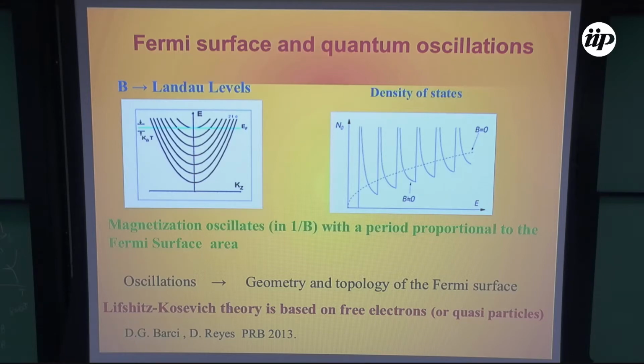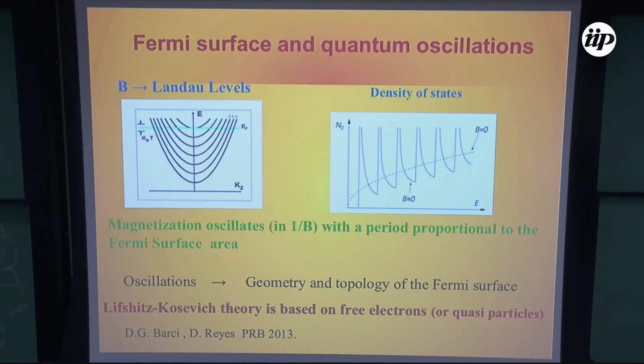But the point is that this relation between oscillation and the geometry or the topology of the Fermi surface, the basic theory that you have is called the Lifshitz-Kosevich theory, and it's free fermions. I mean, it's essentially a gas, or at least a Fermi liquid, and you put a magnetic field and compute the magnetization, just that.